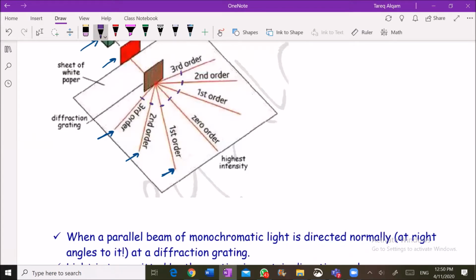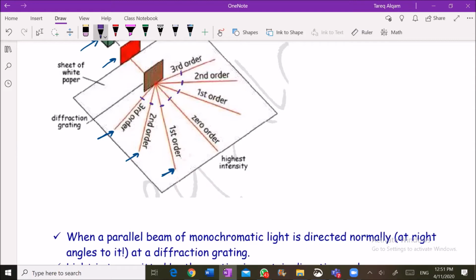These bright regions are a result of constructive interference between the waves that are diffracted from the diffraction grating. Instead of one or two slits, a double slit, we will have several slits. When the light reaches these several slits, it will diffract.